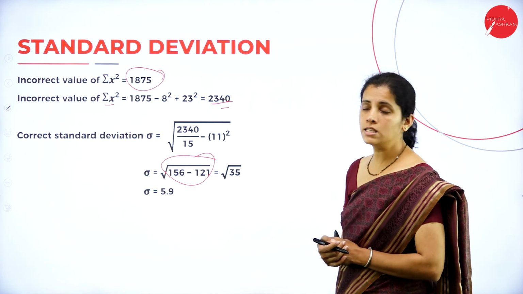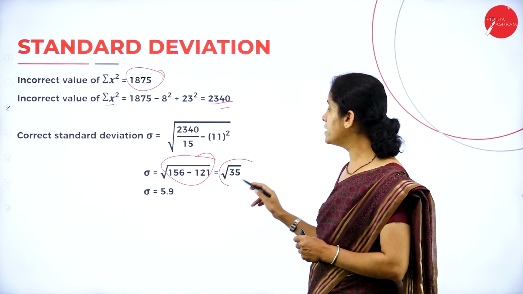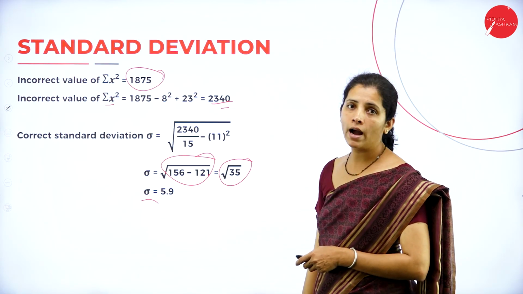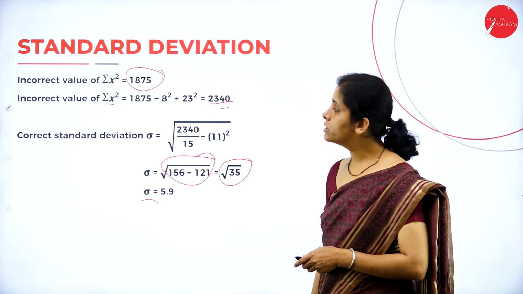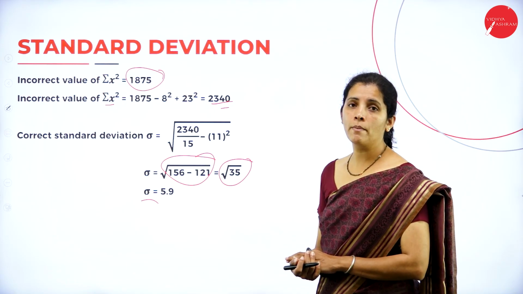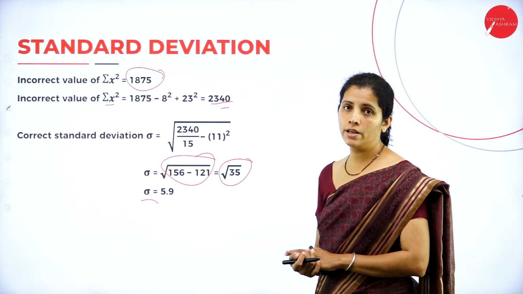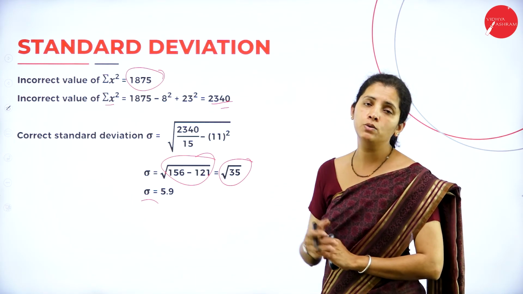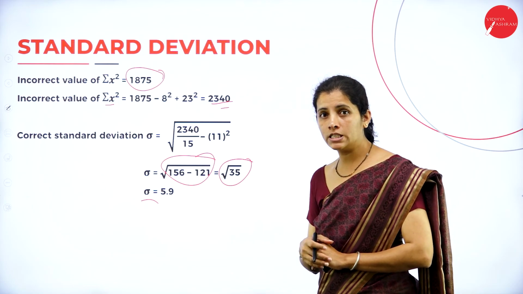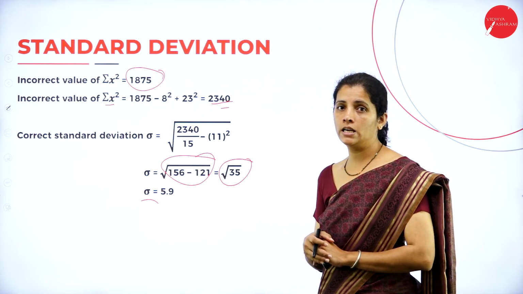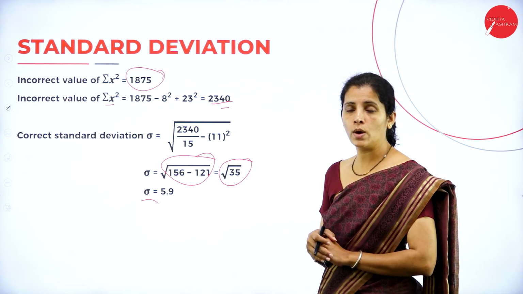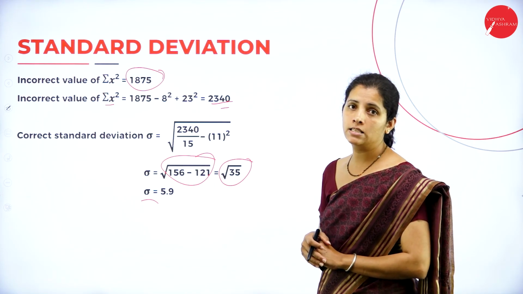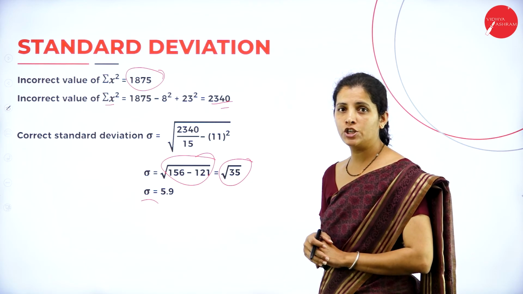And if I further simplify, taking the square root of 35, I'm going to get the answer 5.9. So dear student, there are certain times I'm going to get the mean value, standard deviation value as well as n value. By using those values, once again I want to find the standard deviation, mean value as well as n value. So these are certain examples for standard deviation.